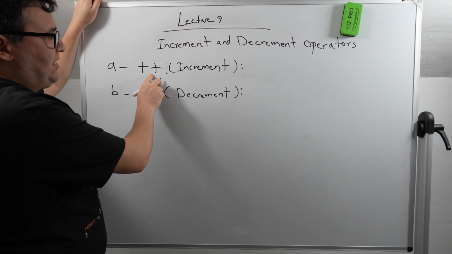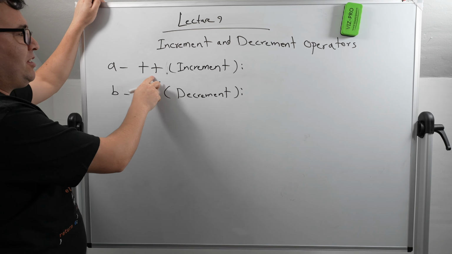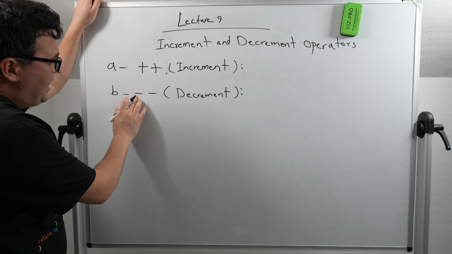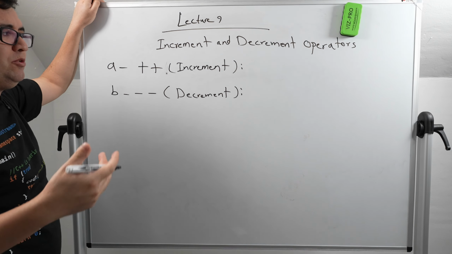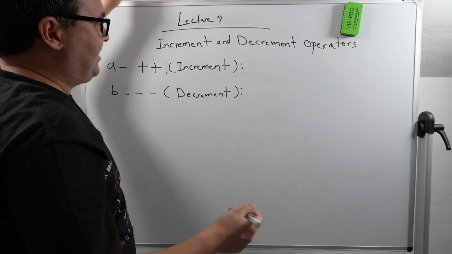So the plus plus operator is used to increase the value of a variable or operand by 1, but the dash dash or decrement operator is used to decrease the value of a variable by 1. So let's see an example.